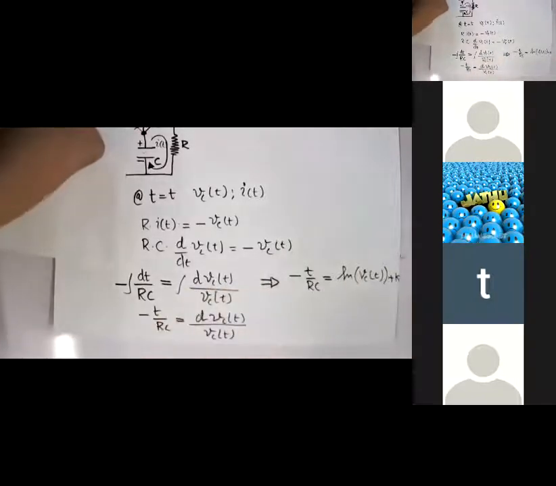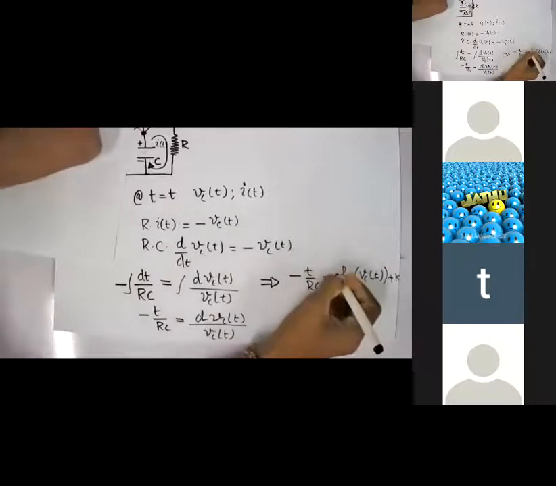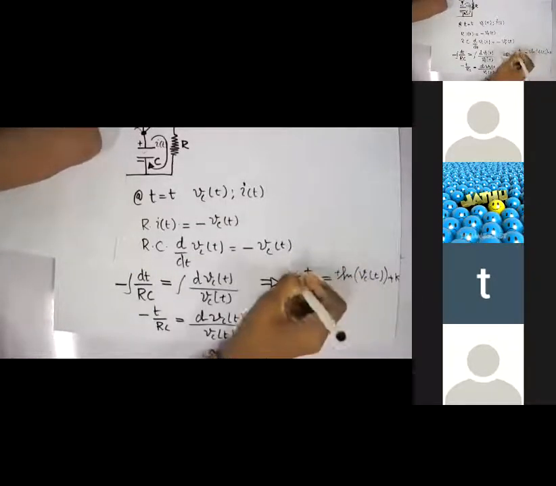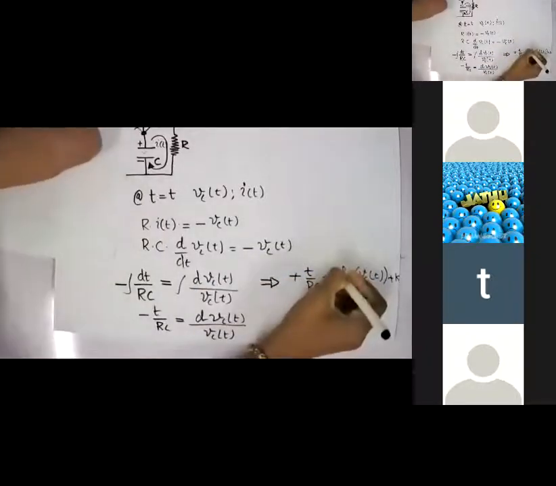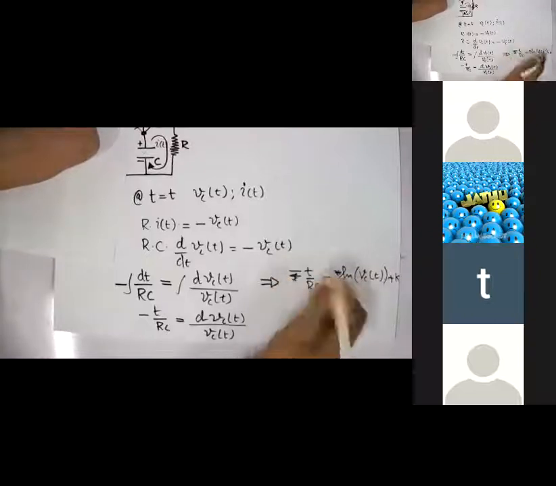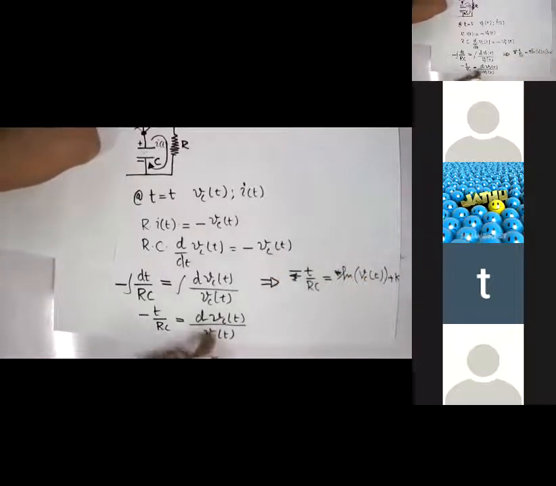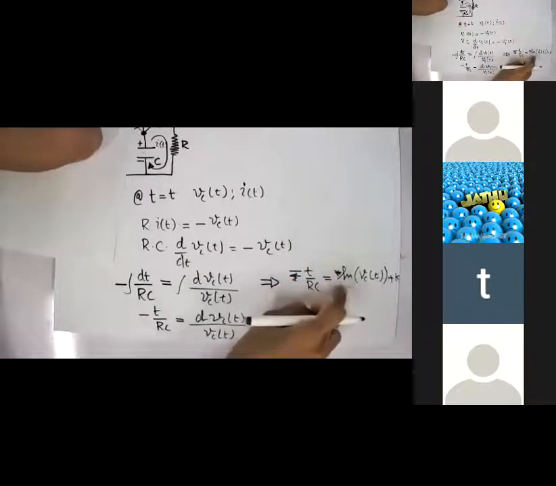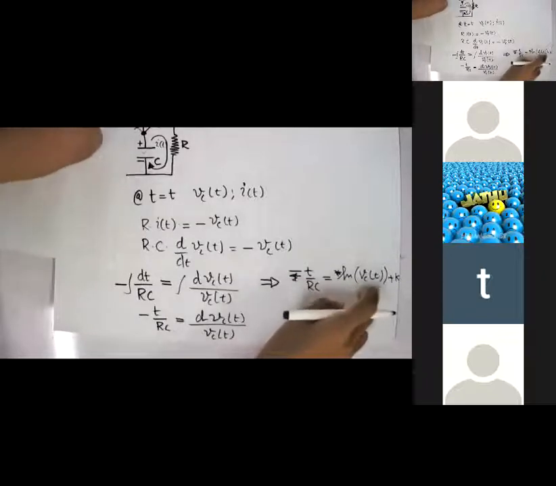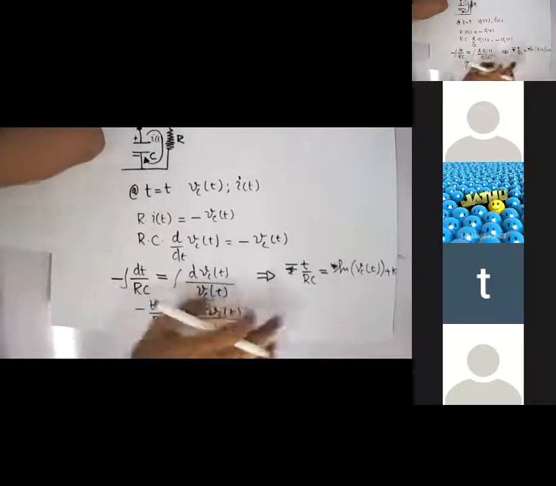There is no minus in front of it, so it will be directly minus t by RC equals ln Vc of t plus integration constant k.